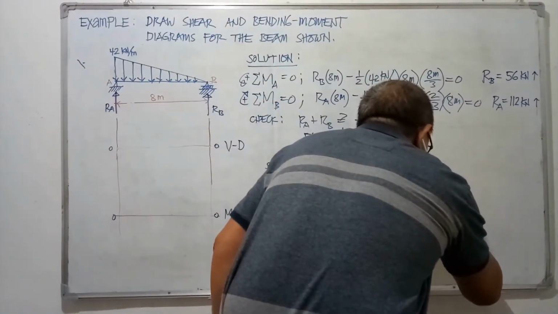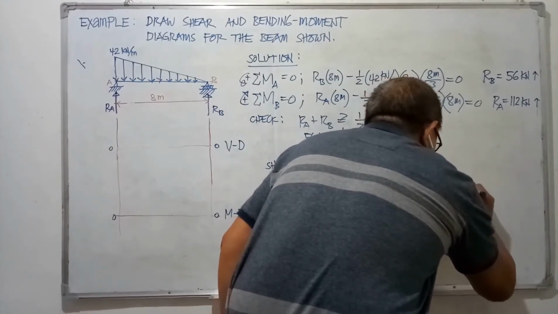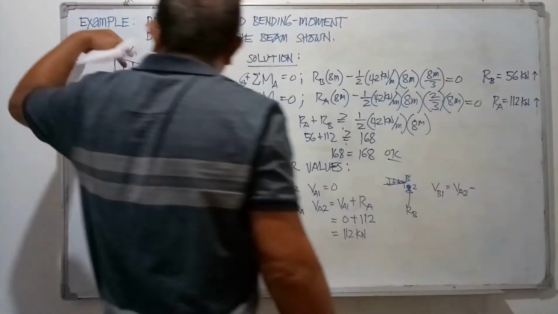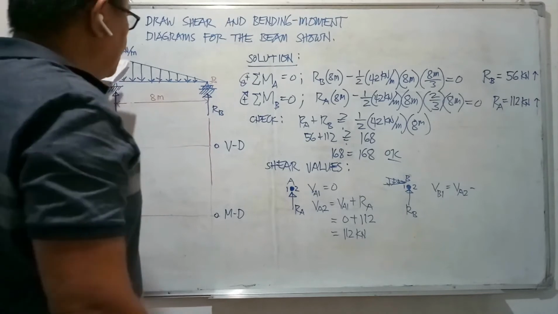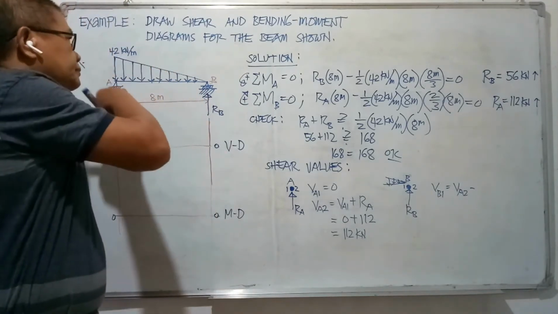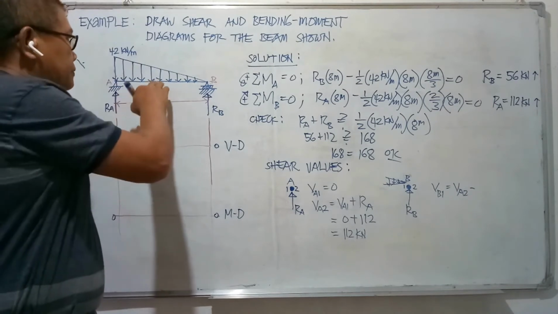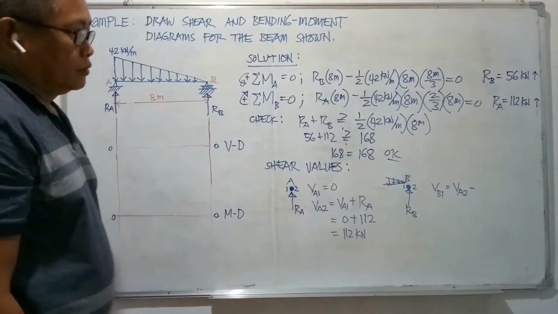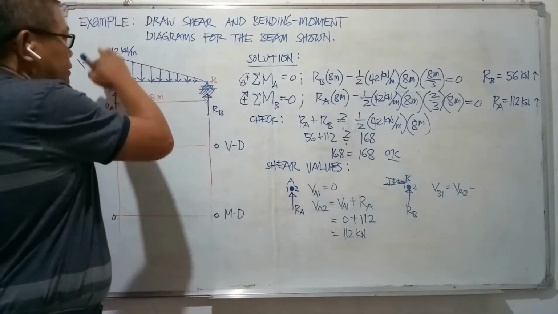So a little to the right of joint B, V sub B1 is equal to V sub A2 minus the area of the triangular loading, which is downward. It develops shear which is negative, so it should be a negative area of the loading.